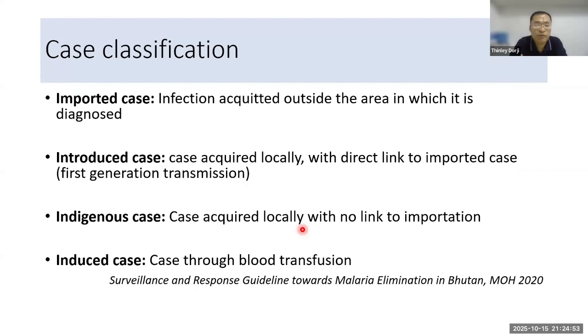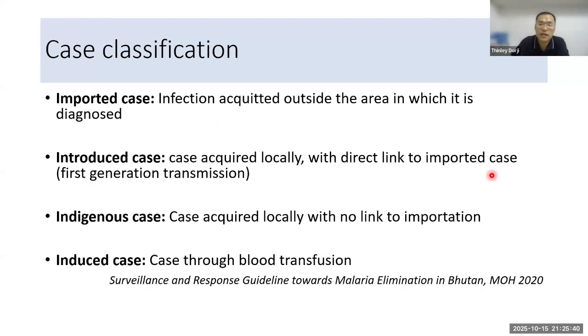In Bhutan, we have a very low number of cases of malaria now. A malaria case, PV or PF, is classified as an imported case if the infection was acquired outside the country in which it is diagnosed, and it is classified as introduced if the case is acquired locally, but with a direct link to an imported case.